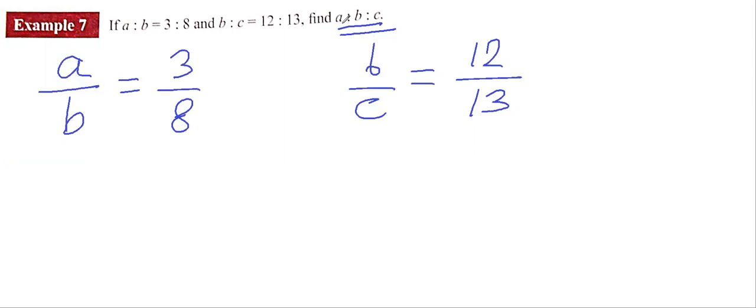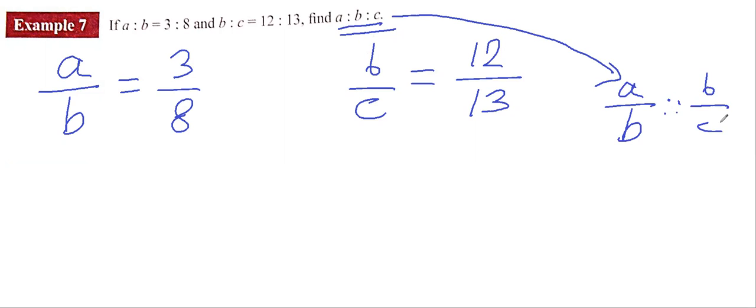What type of ratio is it? It is a continuous ratio. Why am I saying continuous ratio? Because it is a is to b is to c. So this a is to b is to c is written as a is to b proportional to b is to c.